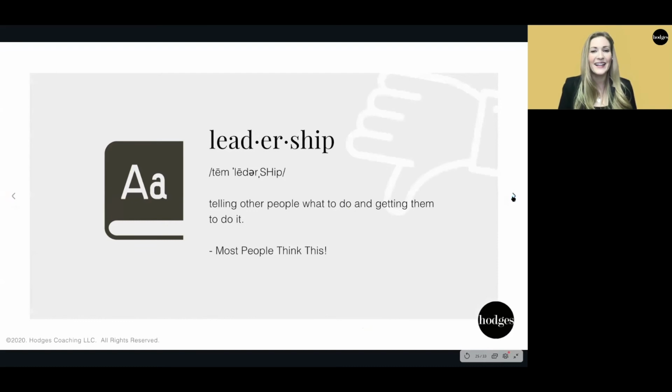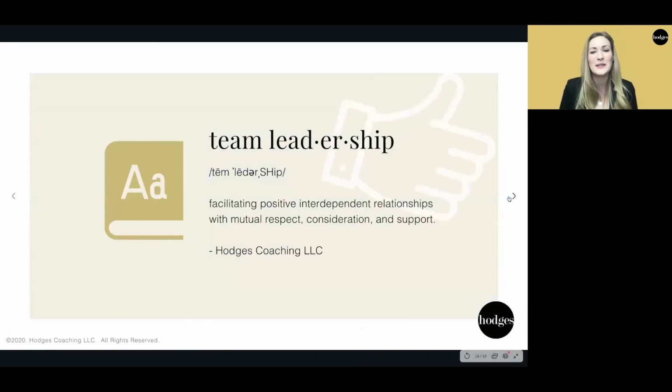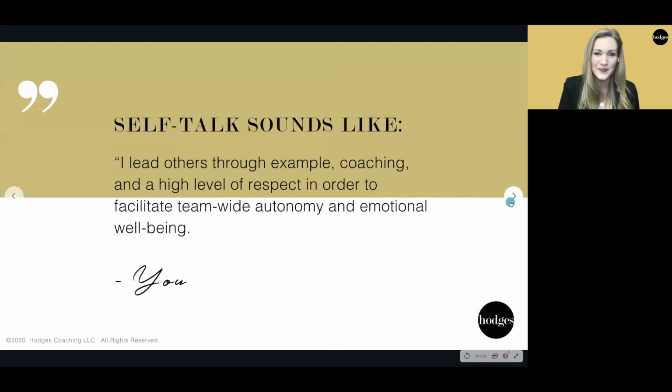So again, that typical old definition of leadership of telling other people what to do and getting them to do it, it's so limiting. Really, leadership can be so much more, especially team leadership. And our definition for the next few weeks will be facilitating positive, interdependent relationships with mutual respect, consideration, and support.